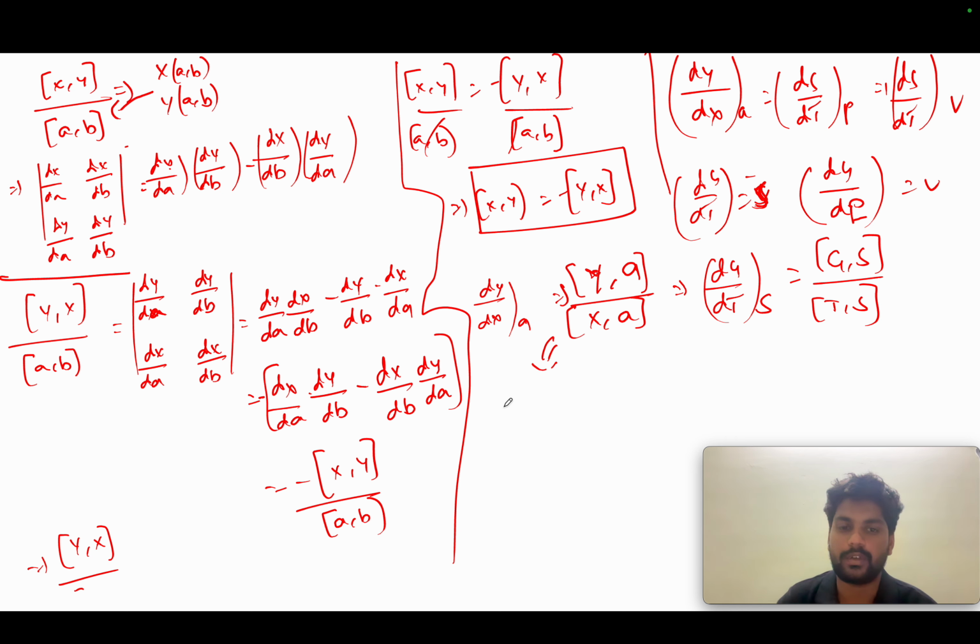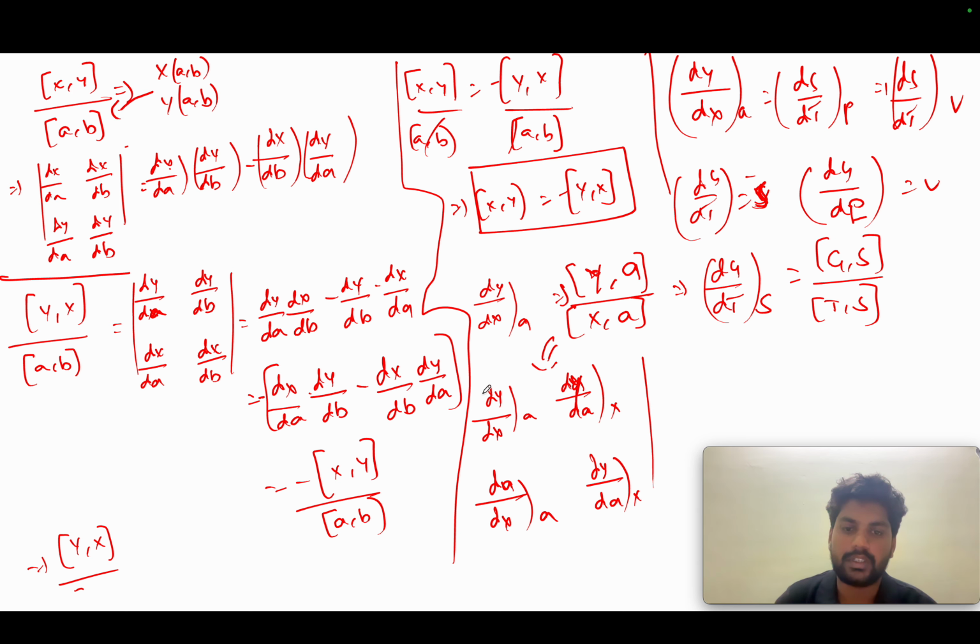So this should come like this. Now if I take the Jacobian of this, dy by dx at a, and dy by da at x. This is a determinant.